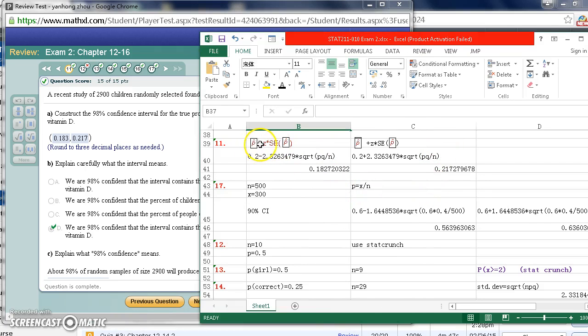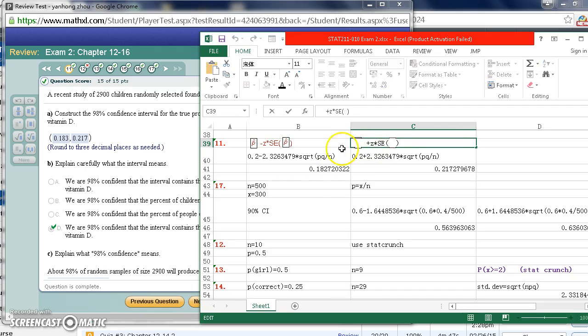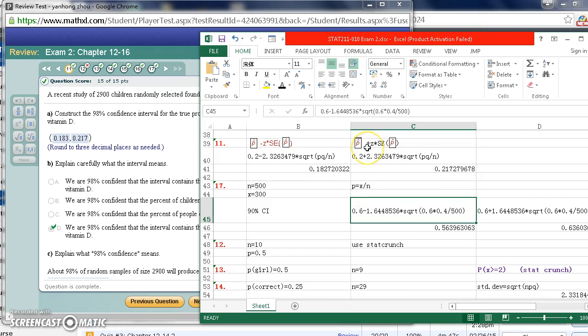So the confidence interval, you have the lower bound and the higher bound. The lower bound is p hat minus z times the standard error of p hat. And for the upper bound you will just use the plus sign instead of the minus sign.